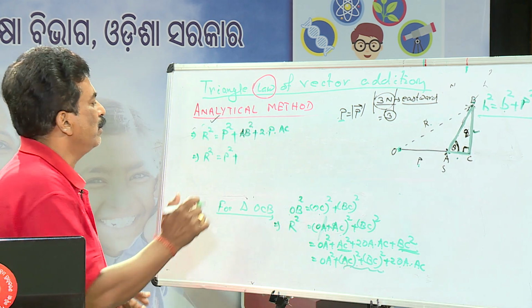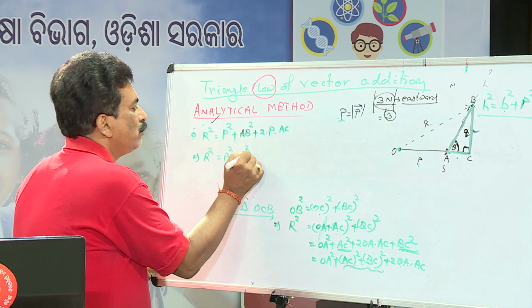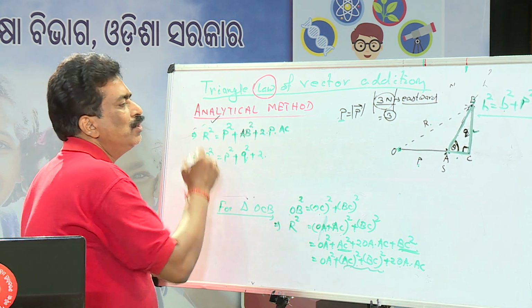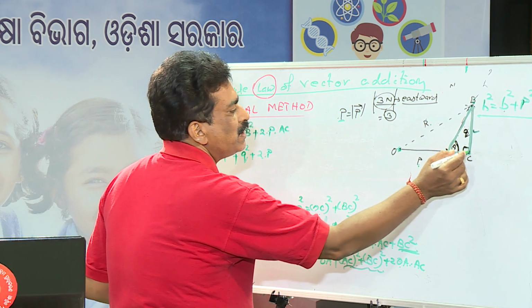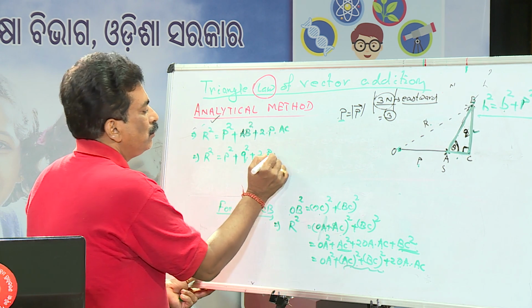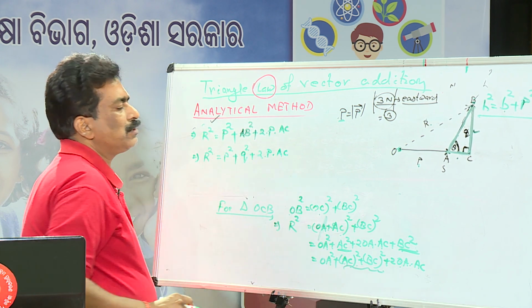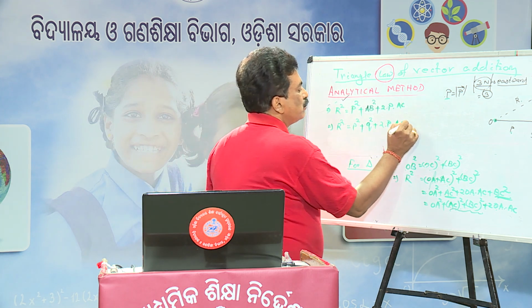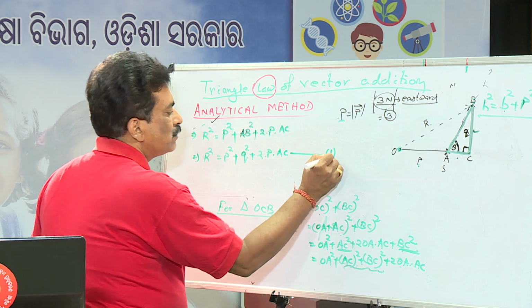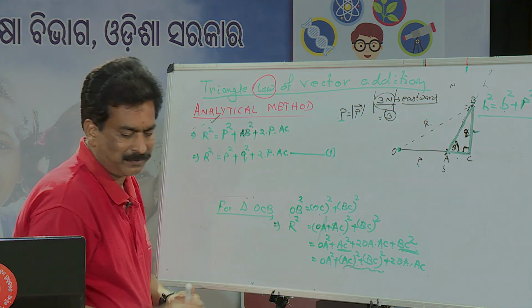That is Q. So this is equal to Q square plus 2 P AC. AC, that value is not known to us. So that is 2 PAC. So R square is equal to this one. Let us take that as equation 1.